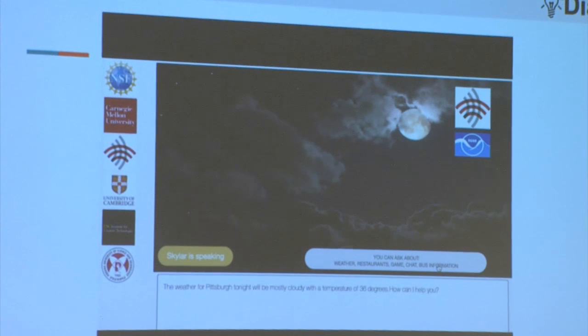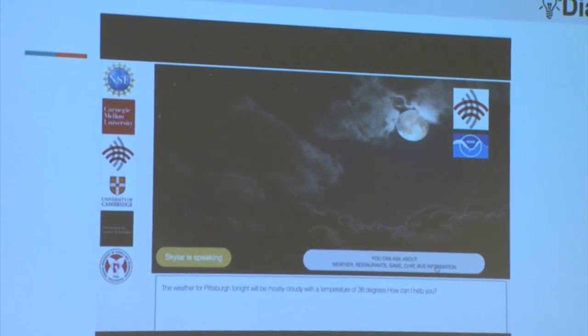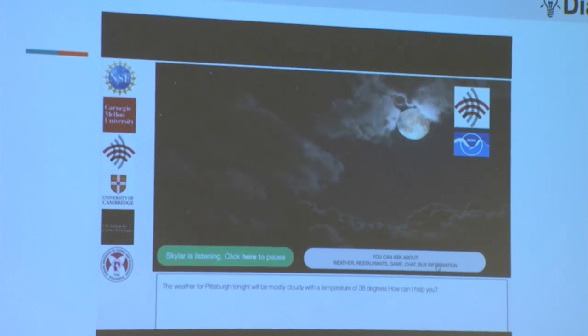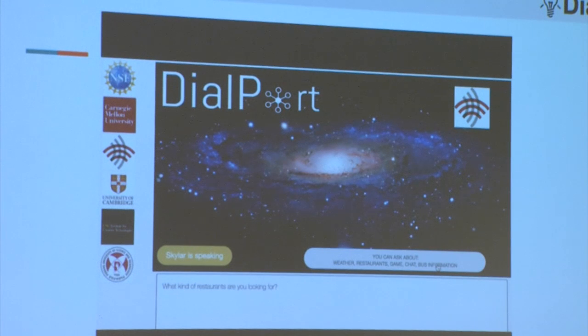The weather for Pittsburgh tonight will be mostly cloudy with a temperature of 36 degrees. How can I help you? Can you find me a restaurant? What kind of restaurants are you looking for? French food. Legume is a good restaurant in Pittsburgh. It serves French food. It has a rating of 4.5.